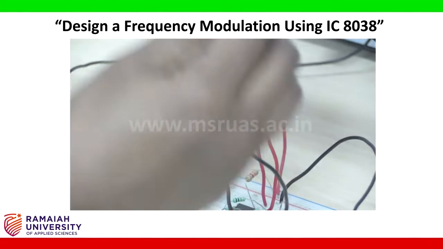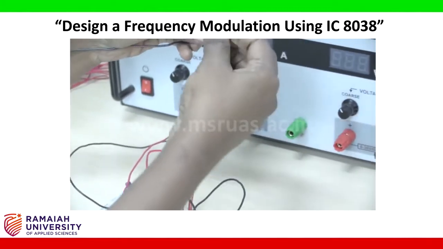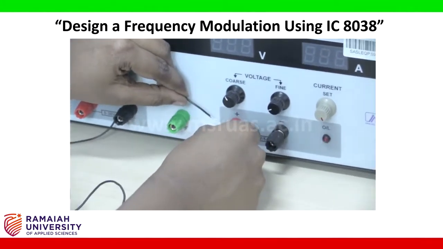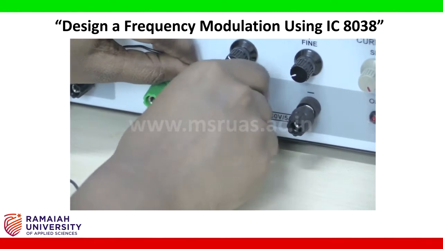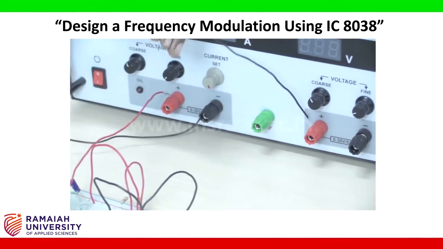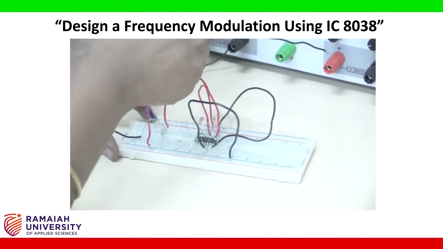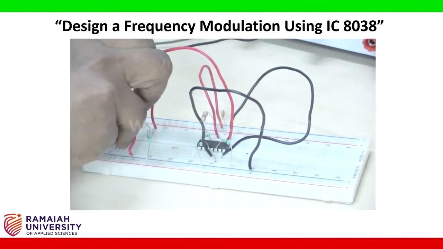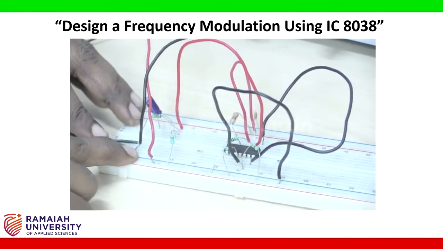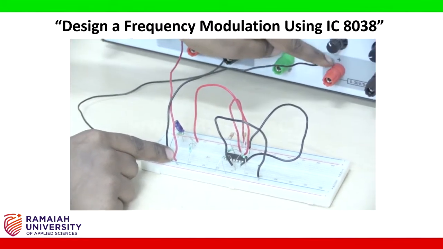Next, take one more wire. We will use this as the negative power supply. So connect from this side and use this as your ground. So this is the ground, and this is the negative power supply's ground.